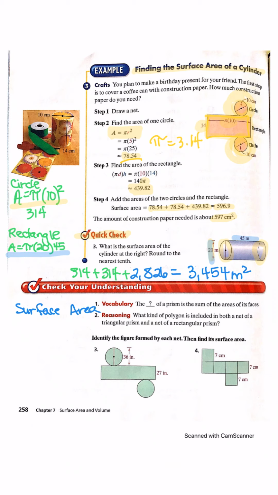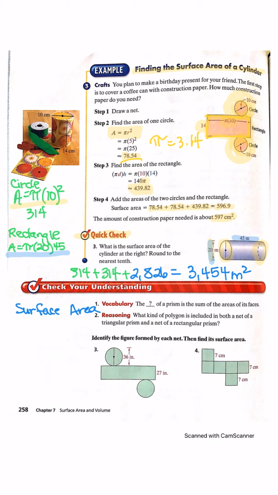What kind of polygon is included in both a net of triangular prisms and a net of rectangular prisms? Well, the net of a triangular prism consists of 3 rectangles and 2 triangles. The net of a rectangular prism consists of 6 rectangles.